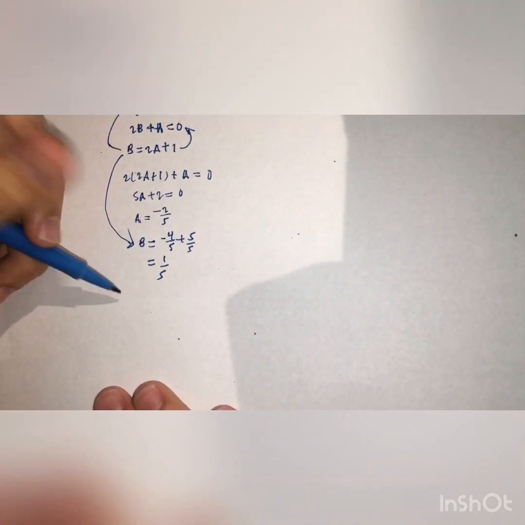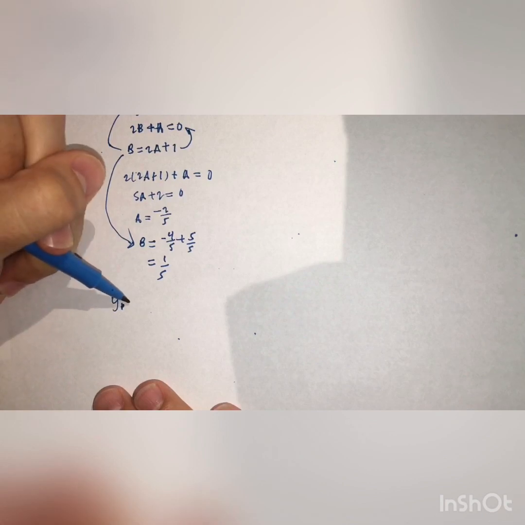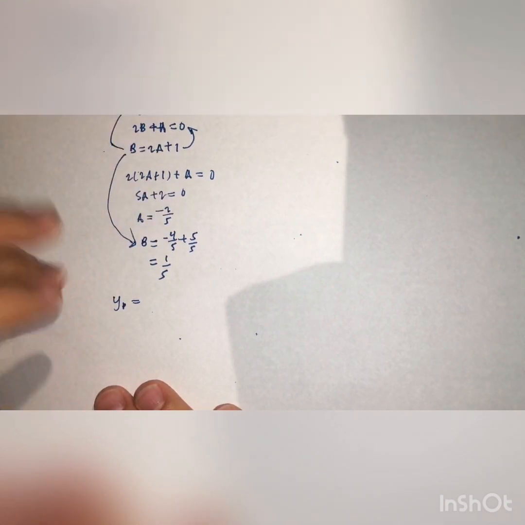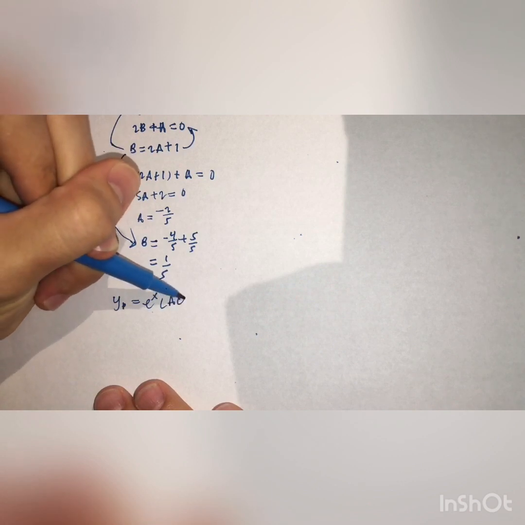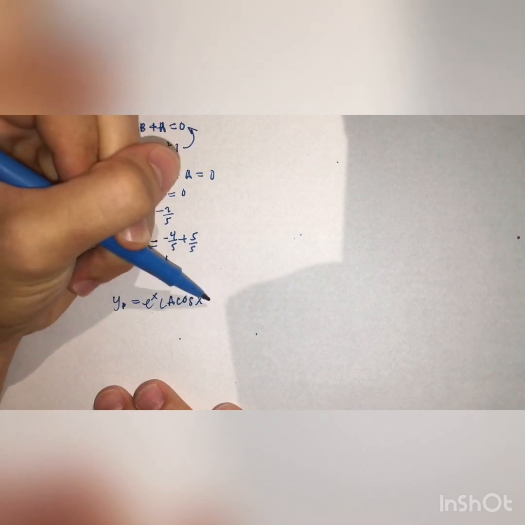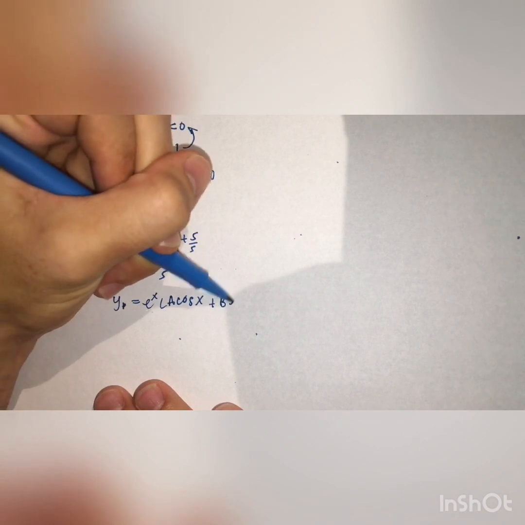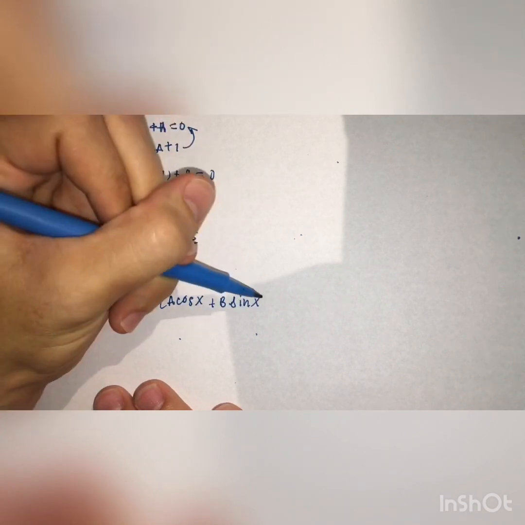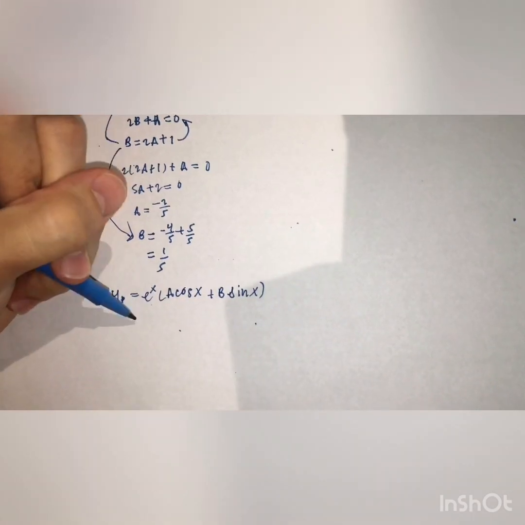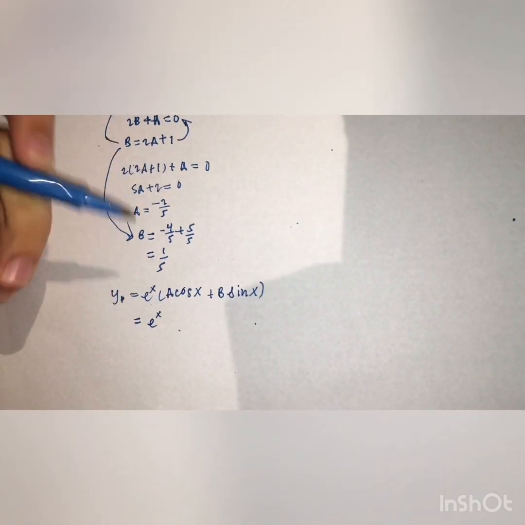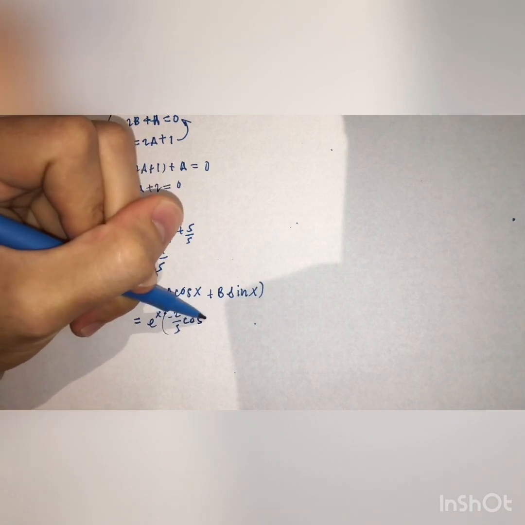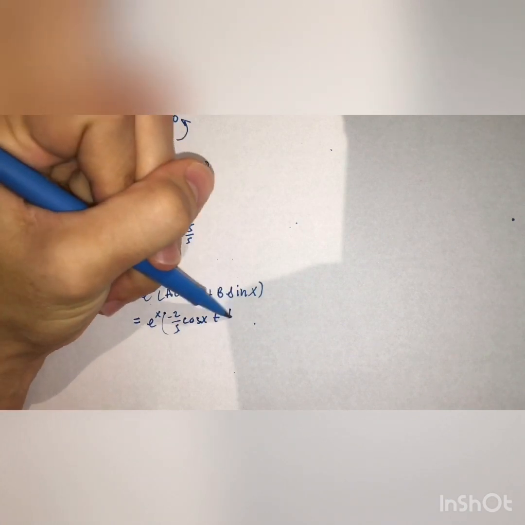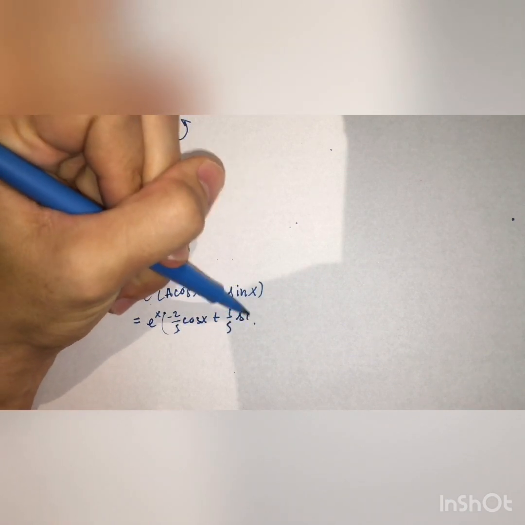And then if we plug this into our particular solution, which is e to the x, a cosine of x plus b sine of x, we get e to the x, negative 2/5 cosine of x plus 1/5 sine of x.